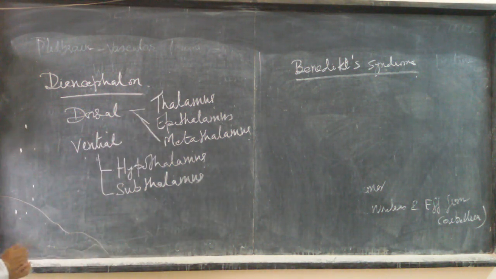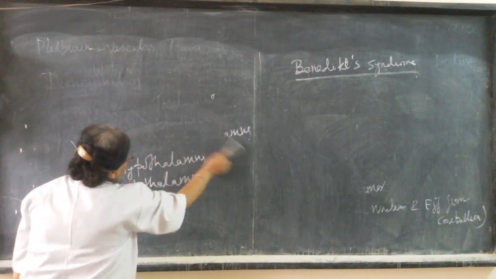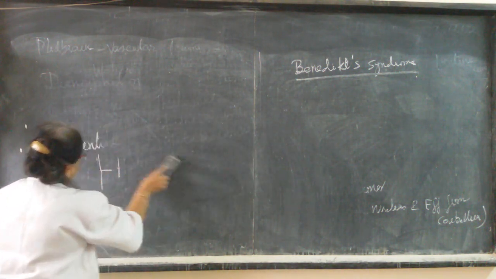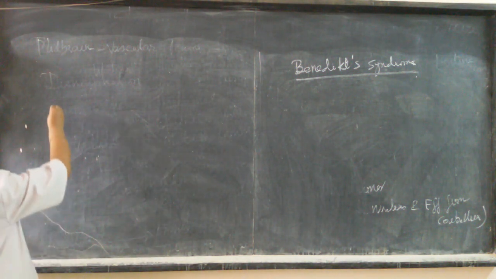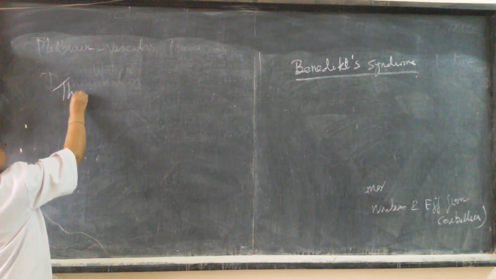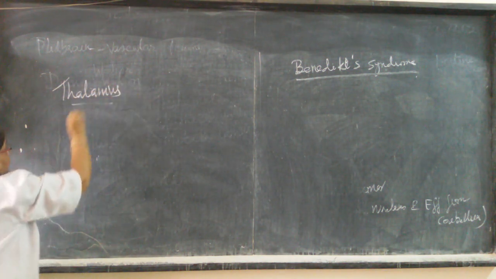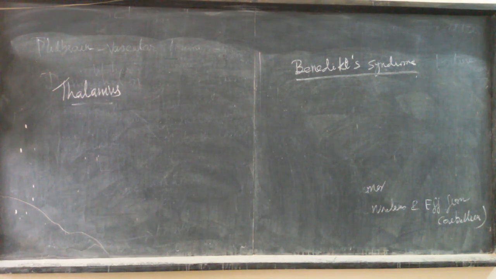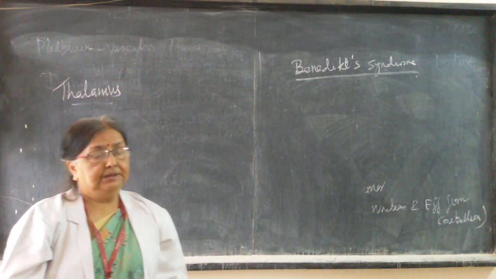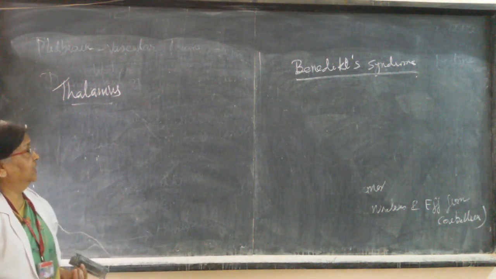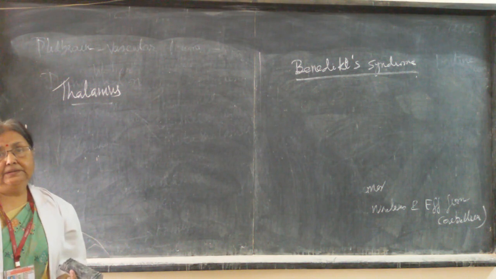Now coming to the thalamus. Thalamus is an ovoid mass of gray matter situated on either side of the third ventricle.